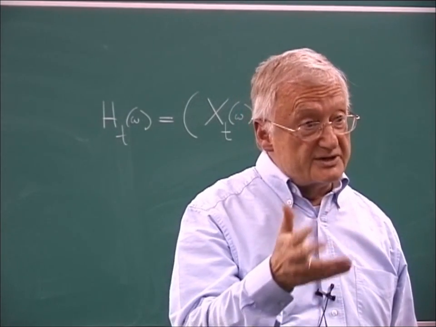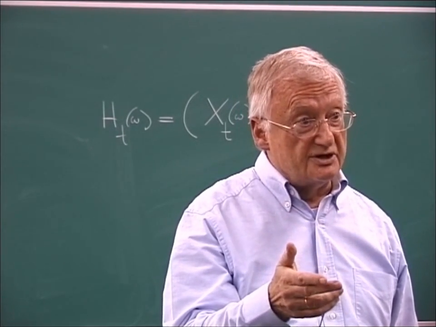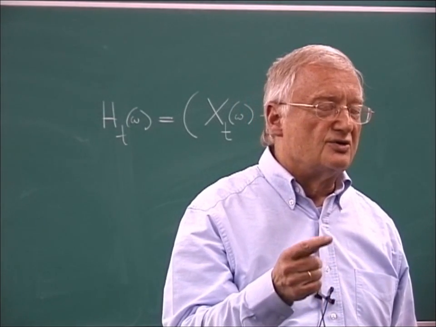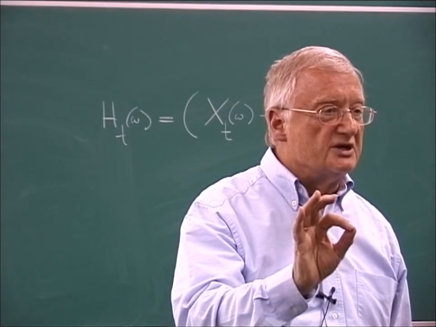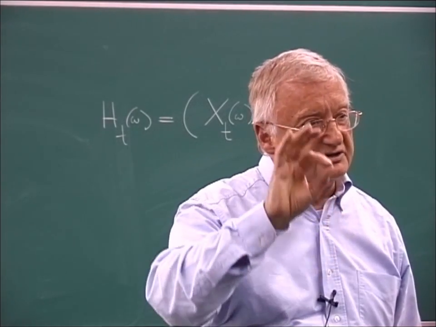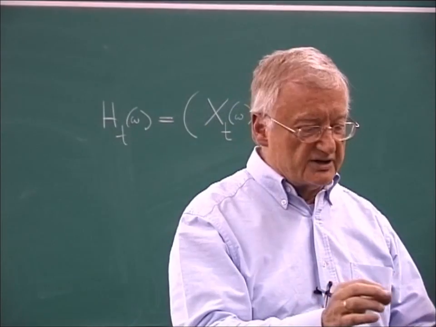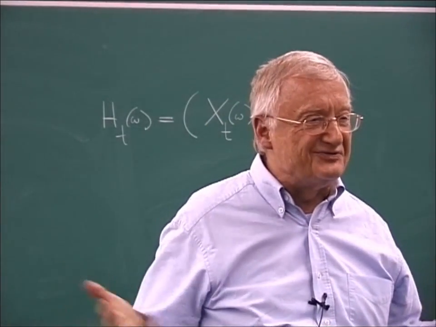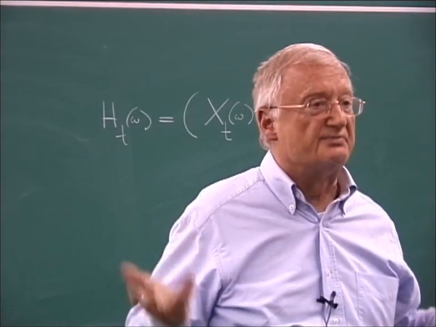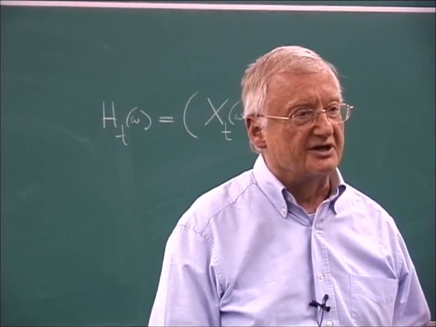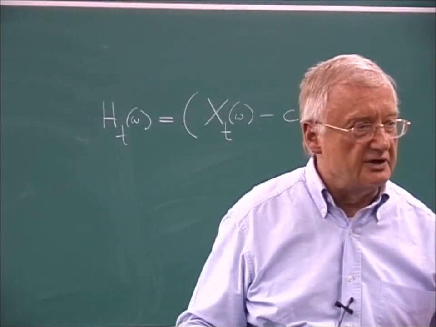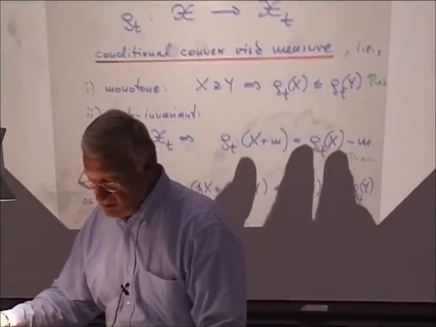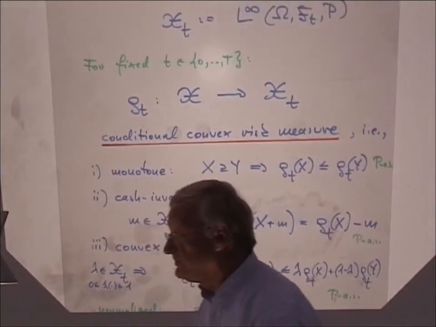For a fixed omega, you could define a static risk measure, but in order that you do this for every omega, so that the result fits together in a measurable way, you must do something. It's just a technical little thing. So here in the definition, we do it right away by requiring measurability. Okay, so that's a dynamic risk measure.